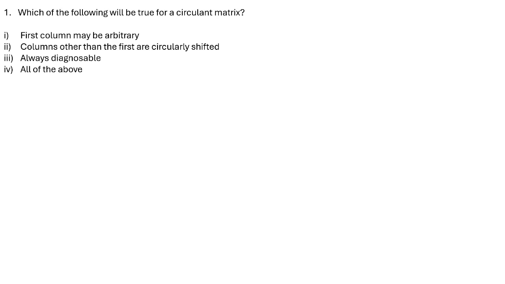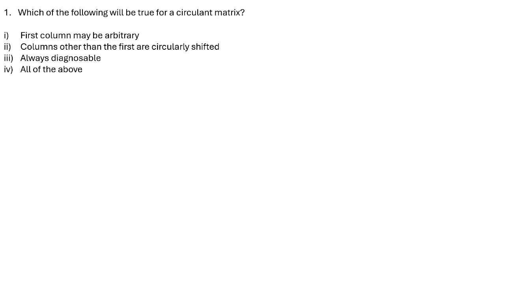So what is going to happen if you pick a random column from a circular matrix? The next column is going to be a circularly shifted version of the previous column by 1 unit, where the shift is downwards. That is, if you know one column of a circular matrix, you can easily have other columns also, because the elements remain same. It's just that the next column has been shifted downwards 1 unit compared to the previous column.